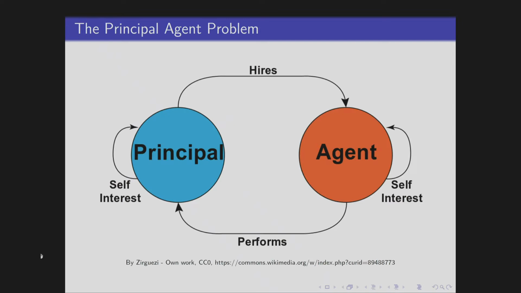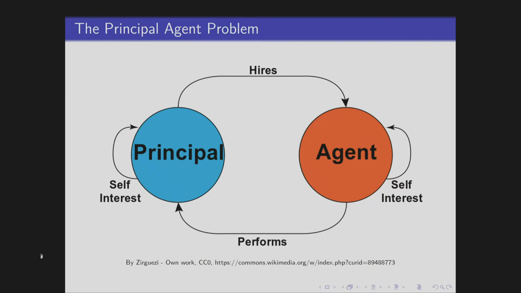So let's start with the first problem. The principal agent problem, I will shortly introduce what it's all about. There are two actors in the principal agent problem. One is the principal, and one is the agent.